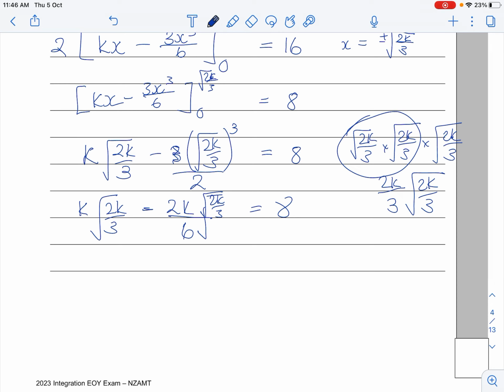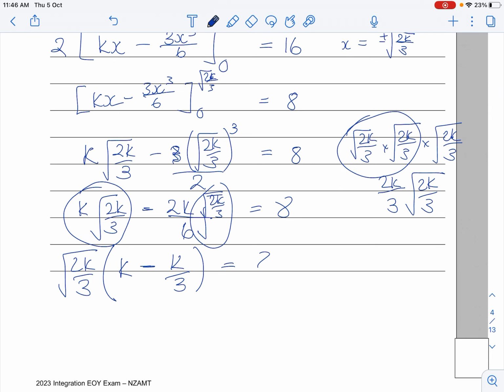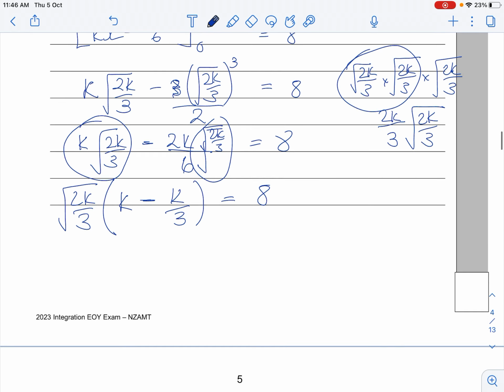Okay, so now we've got a common factor of root 2k over 3. So we're going to pull that out the front. So what I'm left with here is k. And what I'm left with here is k over 3. I've pulled that out the front. And I know that's equal to 8.